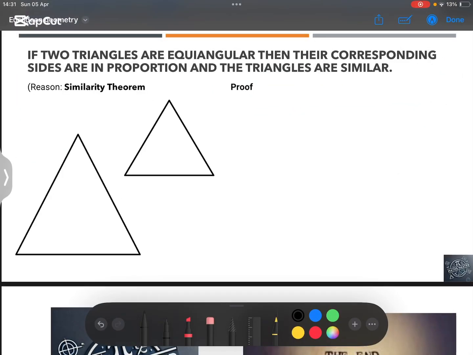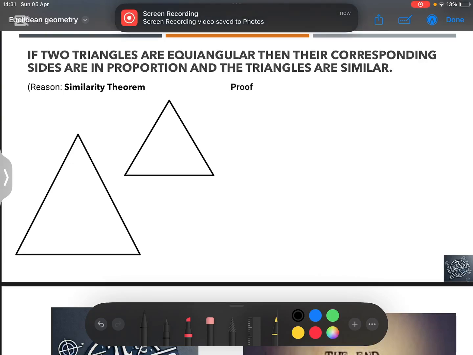If two triangles are equiangular, then their corresponding sides are in proportion, and the triangles are similar.